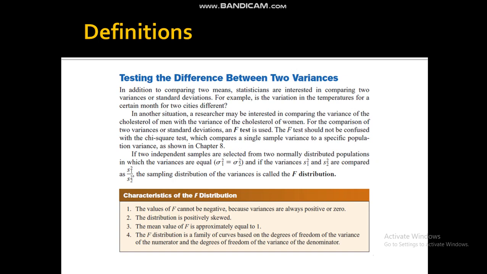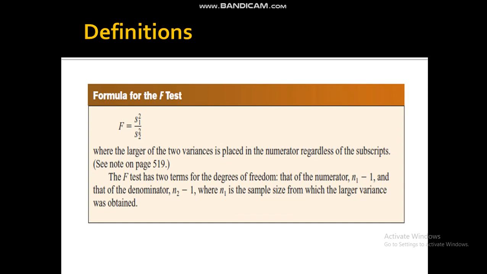So even if you have almost the same average or mean, using f-test you can pinpoint the difference. So we have here the characteristics of f-distribution and the formula for f-test, but do not worry, all the formulas that I have presented here are already incorporated in Microsoft Excel.